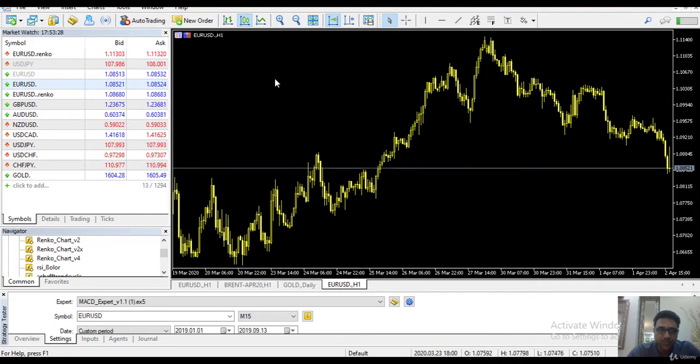Here you can see we have EURUSD on the H1, 1 hour time frame. We know each candle represents one time frame, and that is H1.